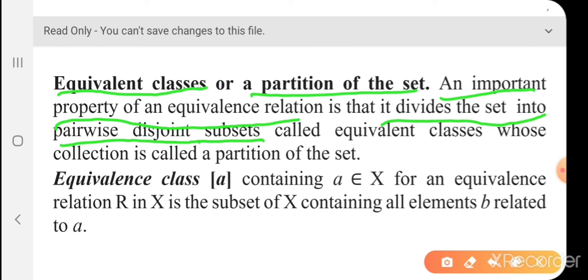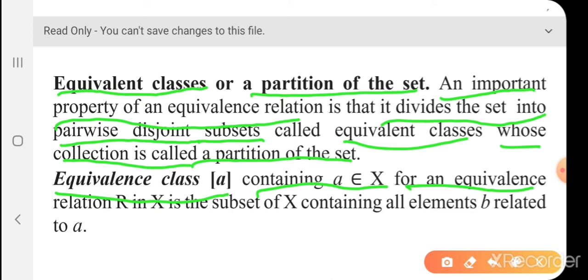These subsets are called equivalence classes, whose collection is called a partition of the set. The equivalence class is denoted by the square bracket [A], containing A. For an equivalence relation R in a set, the equivalence class of A is the subset containing all elements related to A.